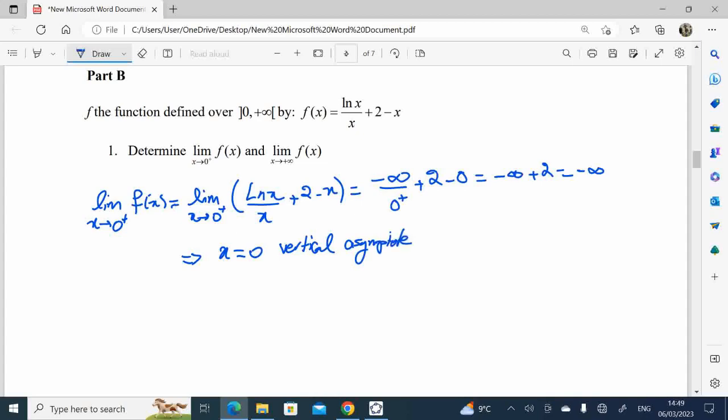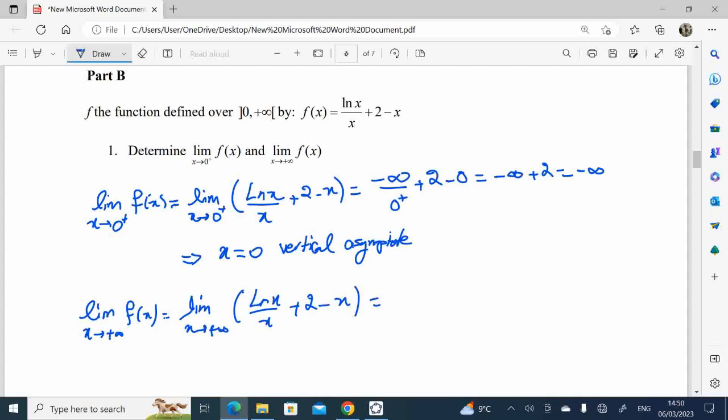Now the limit as x approaches plus infinity of f of x, it is the limit as x approaches plus infinity of ln x over x plus 2 minus x.